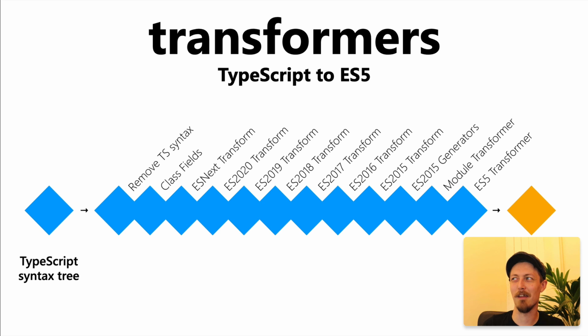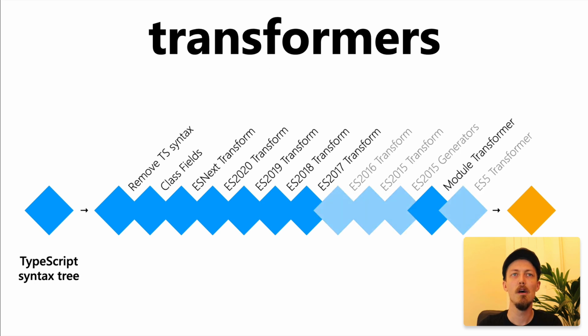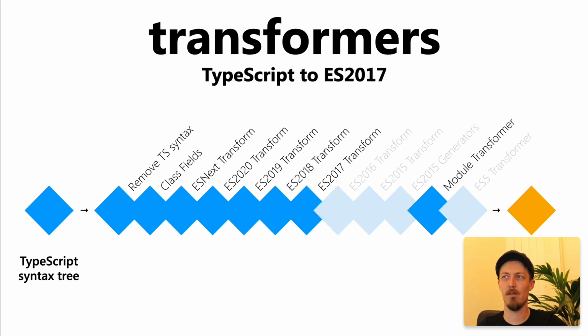And finally, there's an ES5 transformer. And this is the longest it could possibly be. It's as if you had never set up your TS config. A more realistic one might be something like this, where you're going all the way back to target ES 2017, and after that, it doesn't do any more transformations because TypeScript doesn't need to go any further down in your syntax.